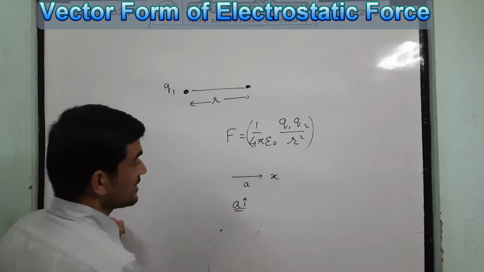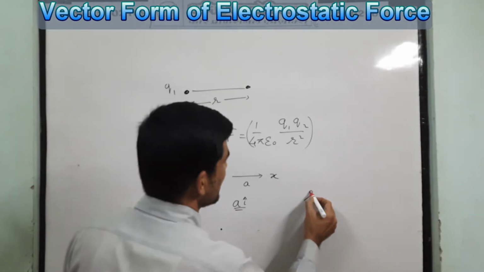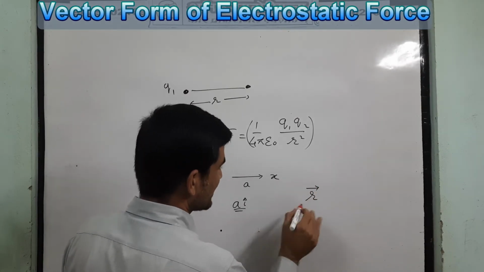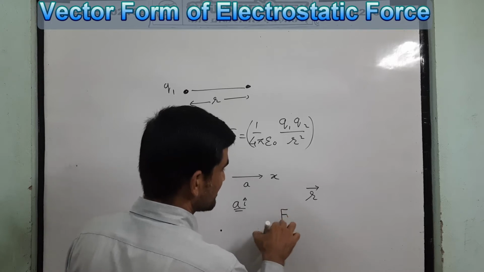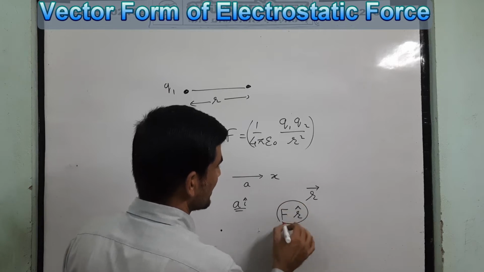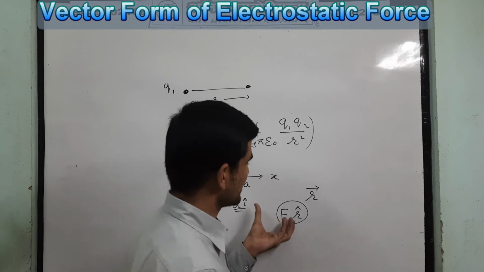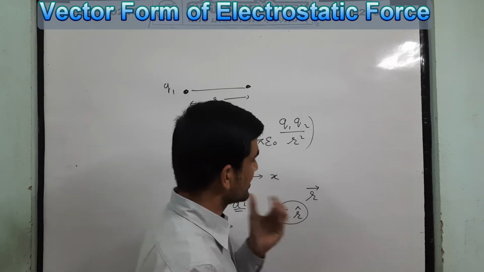If you have any vector quantity in the direction of vector r, say f, with magnitude f, then along the direction of r we write f r cap. This is the method: we are expressing the vector quantity in terms of a unit vector.